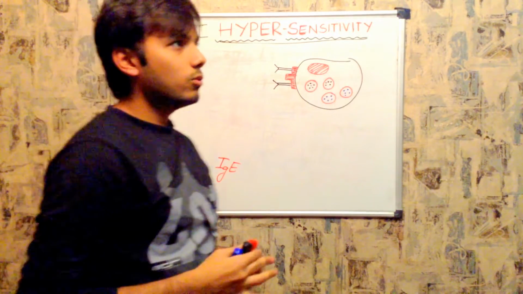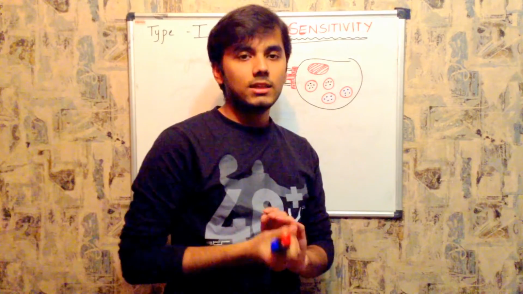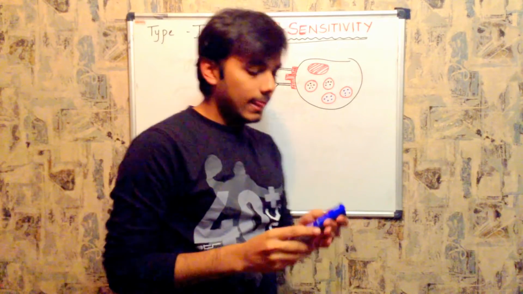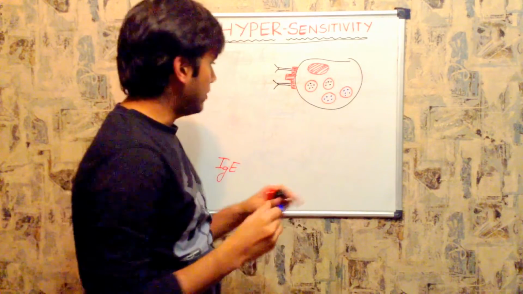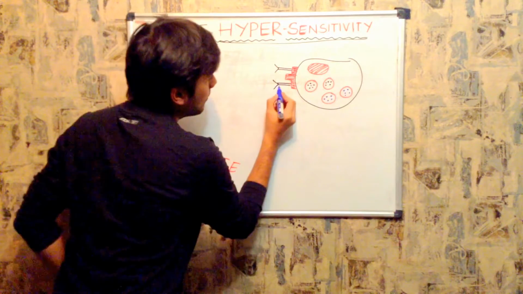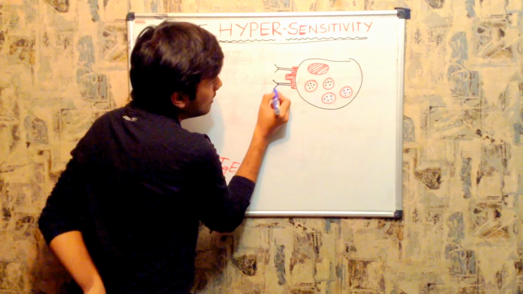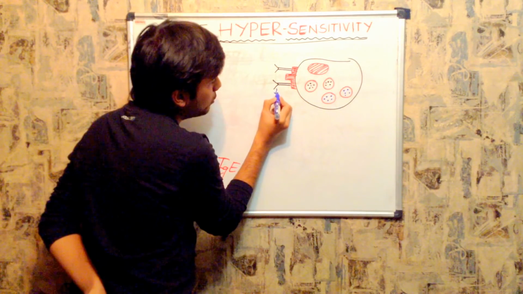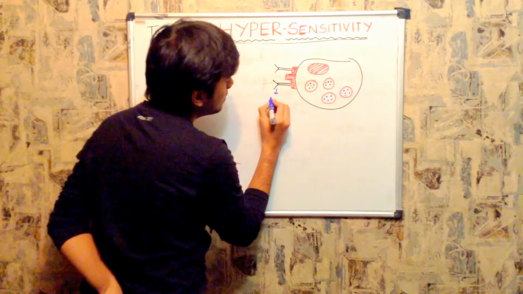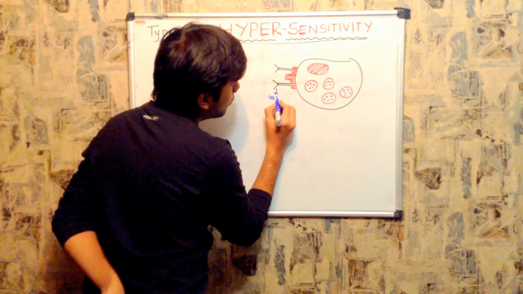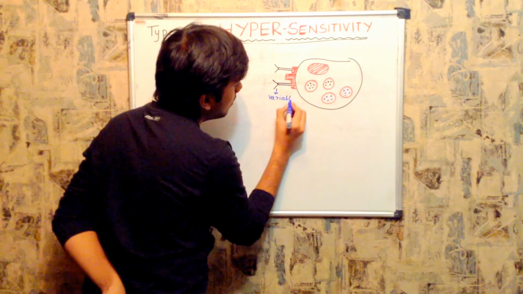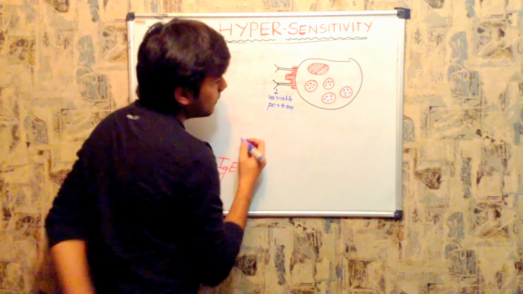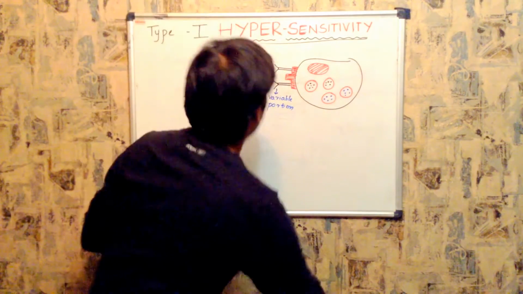Now, when you come across your MCQs, they will be asking which portion of the antibody binds to this IgE receptor. It is the constant portion. As you see here, these arms of the antibody are designated as the variable portion. Let me draw it here in an enlarged fashion.